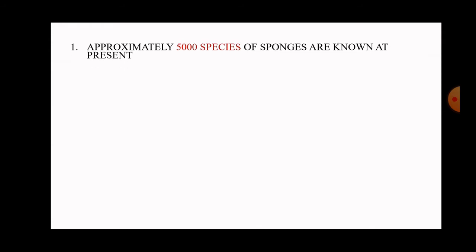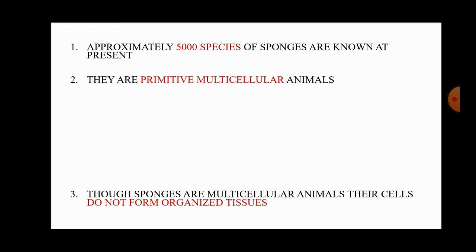At present, there are almost 500 species of sponges available in the aquatic arena. All these animals are primitive animals and multicellular animals. Remember, primitive animals and multicellular animals.